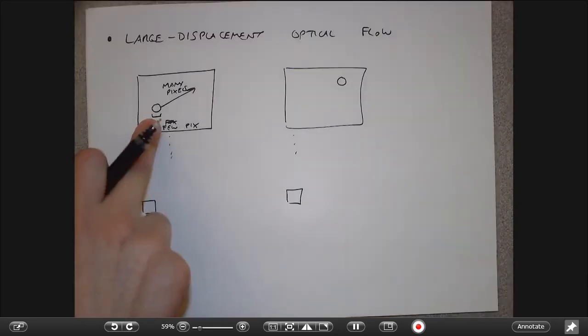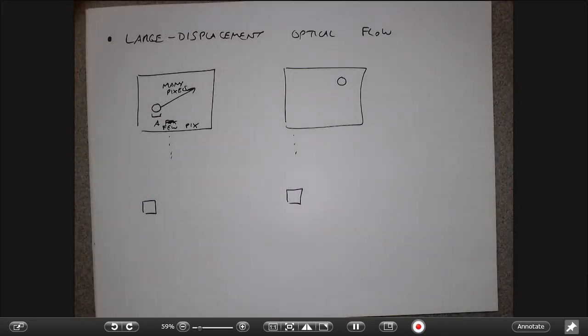For something like this, that object is not even going to become visible until I get to almost the finest level of the pyramid, and by that time it's too late. I don't have any big motion vectors that I can add to that point. And so that's a problem for really fast-moving video, for example.